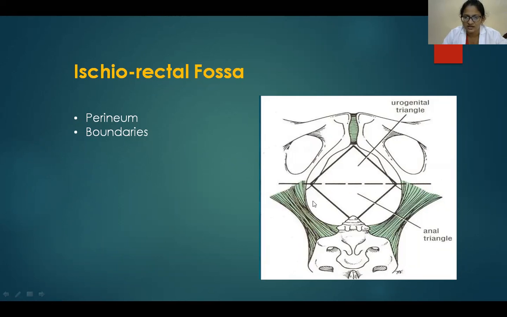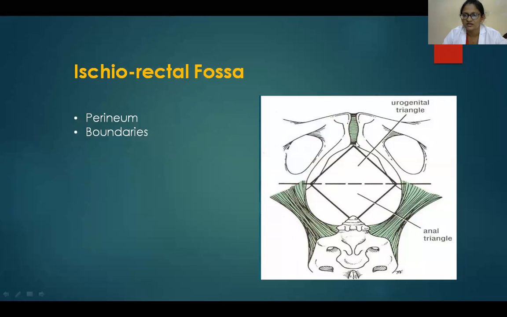This area of the perineum consists of the external genitalia and the anal opening. This is about the perineum. Next, coming to the boundaries of the perineum. Anteriorly, it is bounded by the inferior margin of the pubic symphysis.